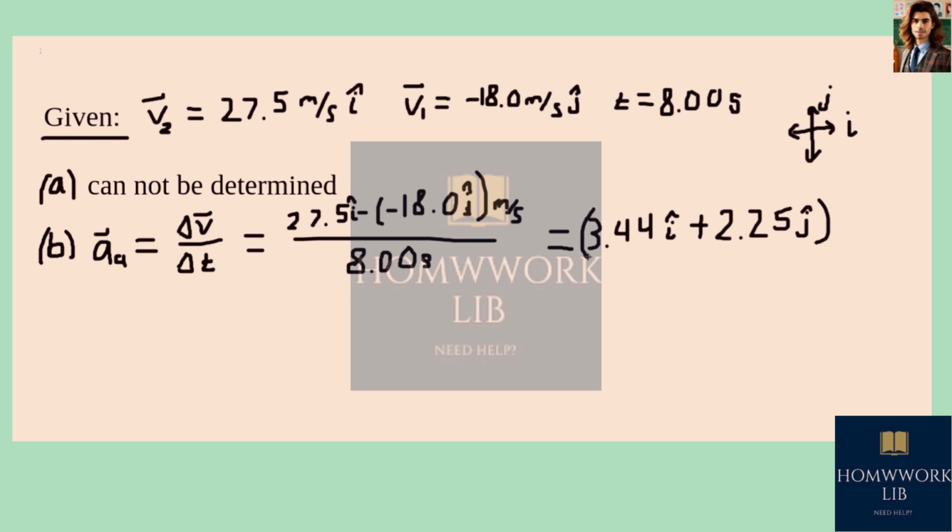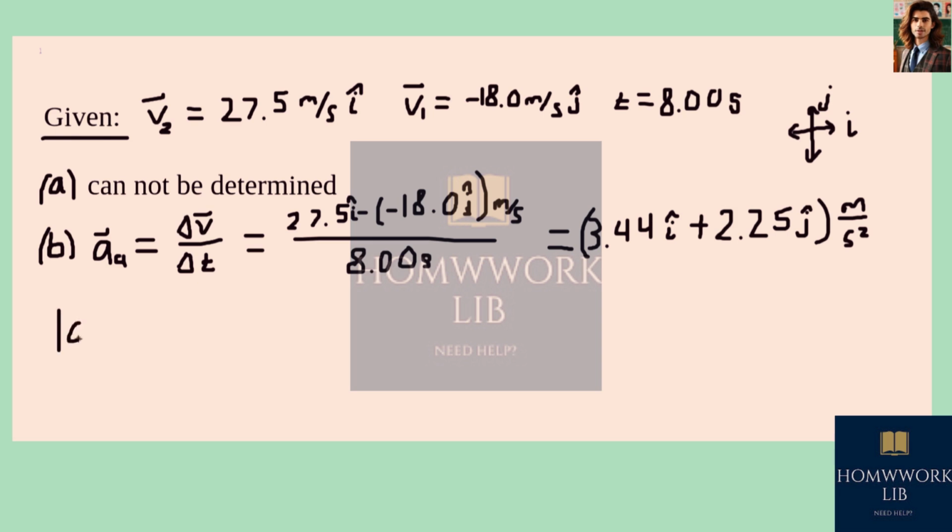The units here are meters per second squared, since this is acceleration. That's the average. Now it also wants us to determine the magnitude and direction of this average value.